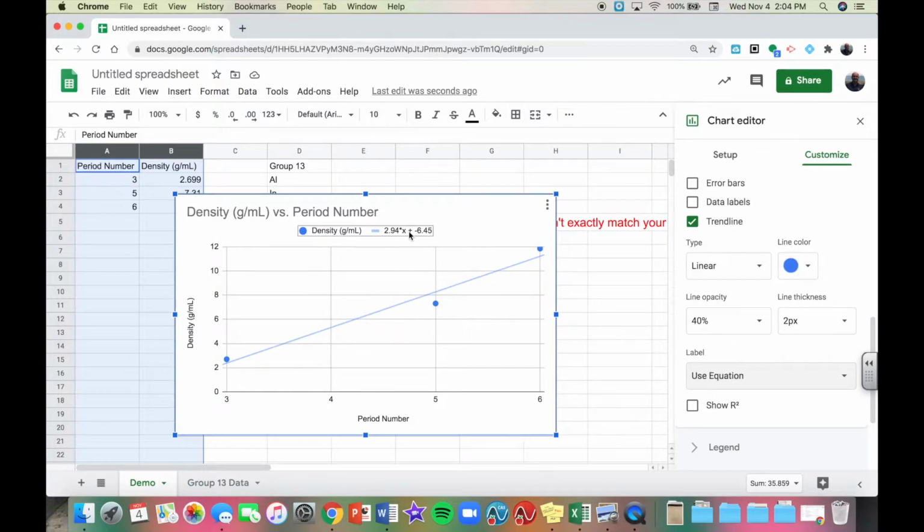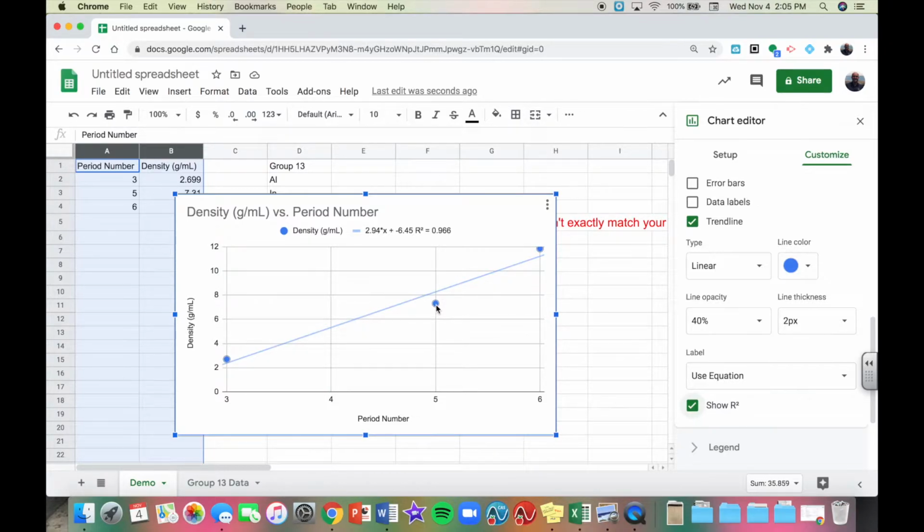So that's going to be really helpful. Don't copy this exact one because it's different from the one you will find. Click on R squared to show how dependable the trend line is, or how well it's correlating to the points around it.